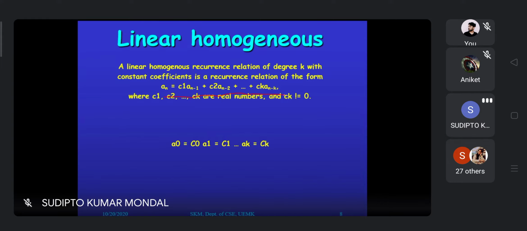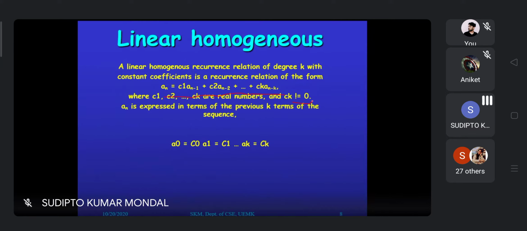Then these c1, c2, up to ck must be constants, and just because they are constants, it must be clear that ck can't be 0. It is not equal to 0. Its value can be 1 or any other constant, but it can't be 0.